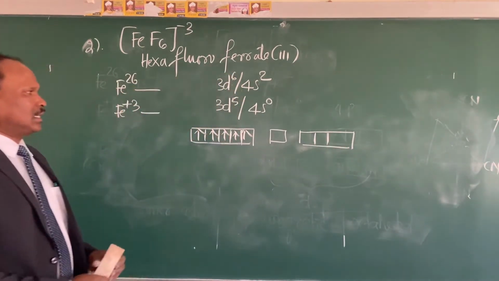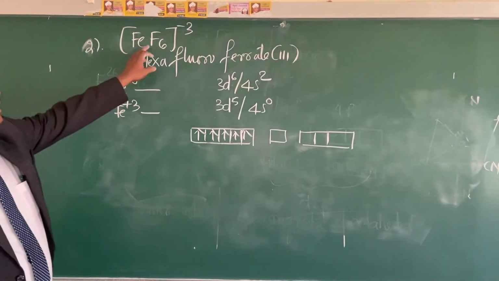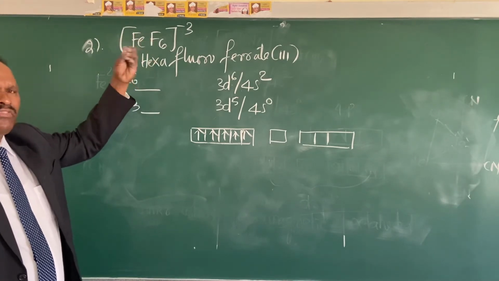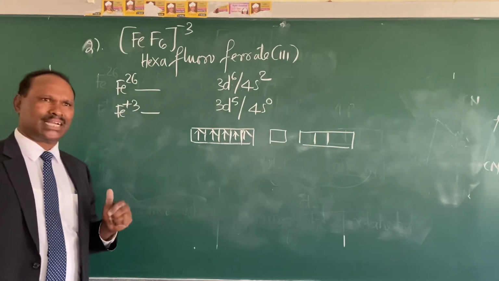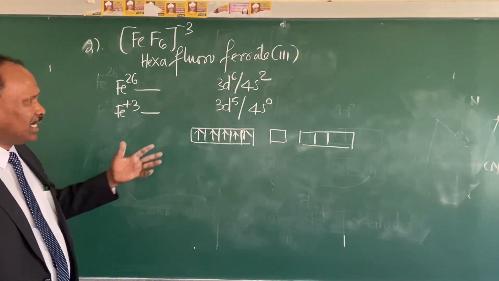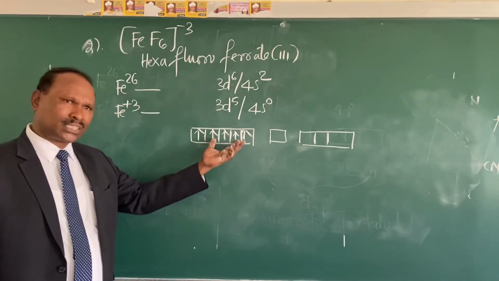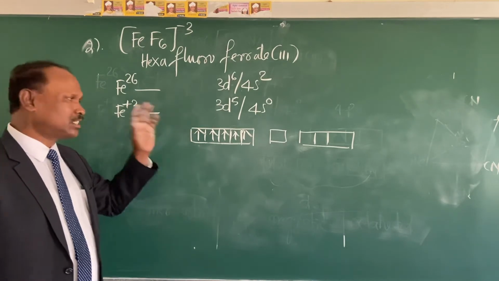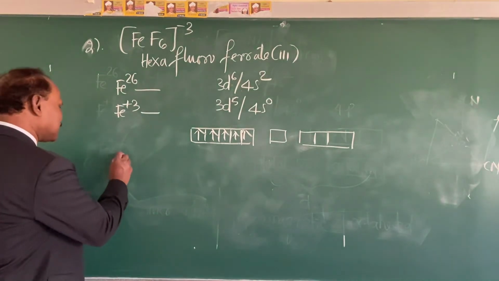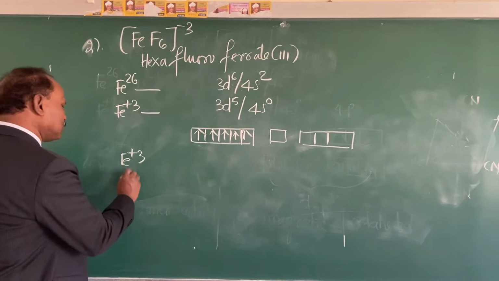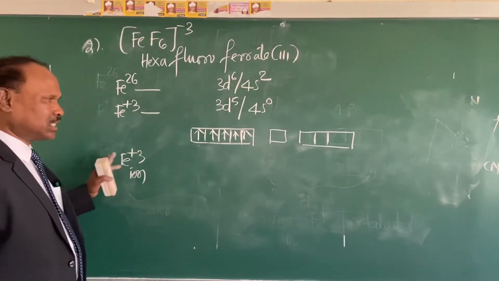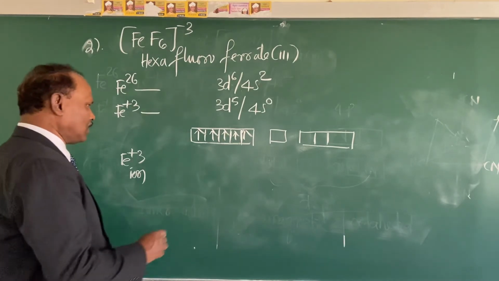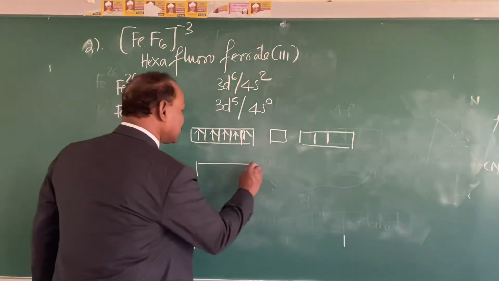Now here the F- fluoride ligand is a weak ligand. Therefore, it cannot force the unpaired electrons to get paired up. Which means the Fe+3 ion in the presence of the fluoride ligand will have the same arrangement like this.